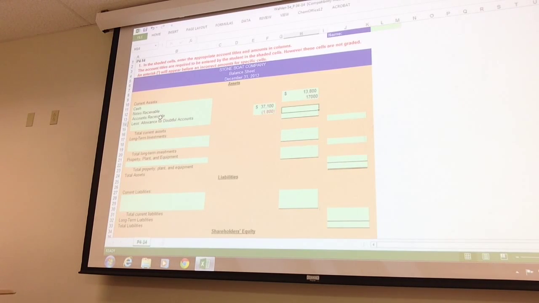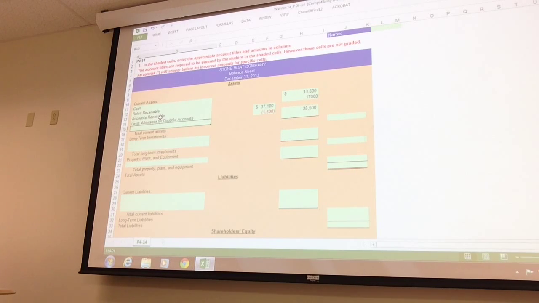The net of those two, I didn't put that in as a negative, is $35,500.